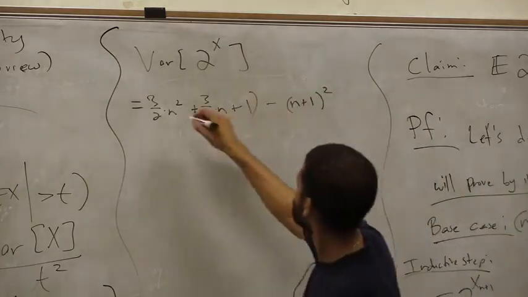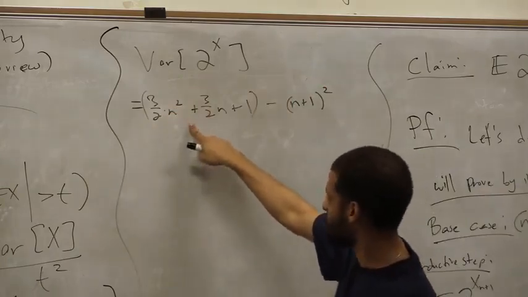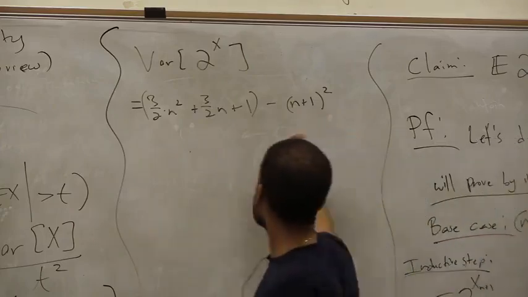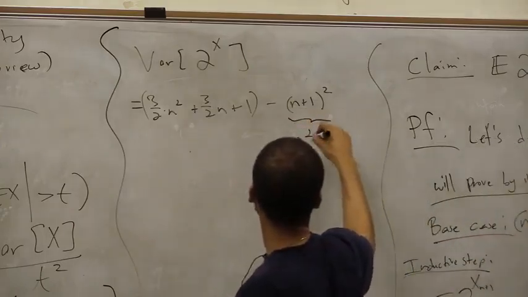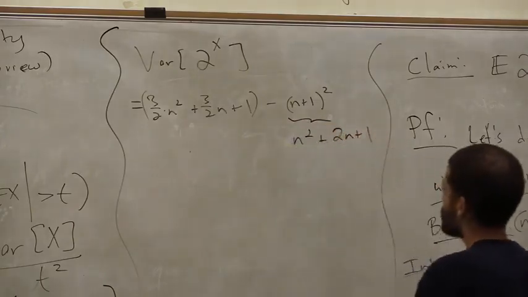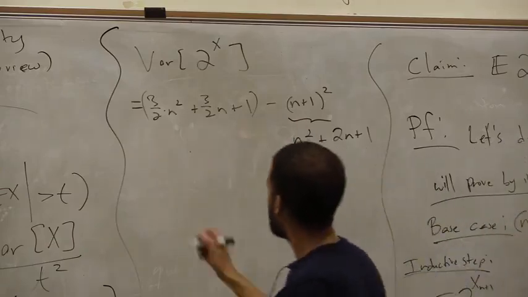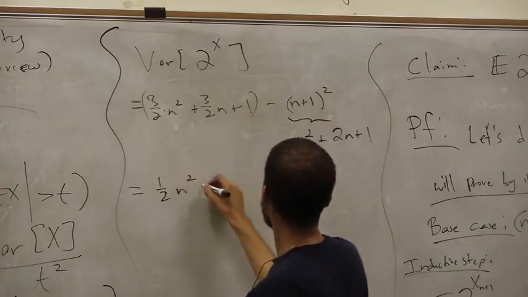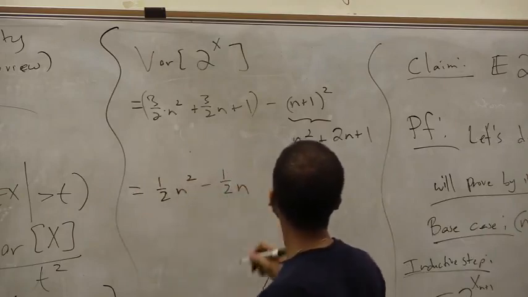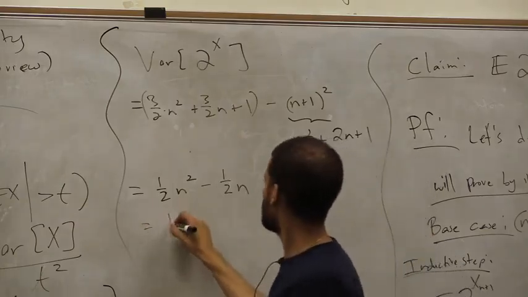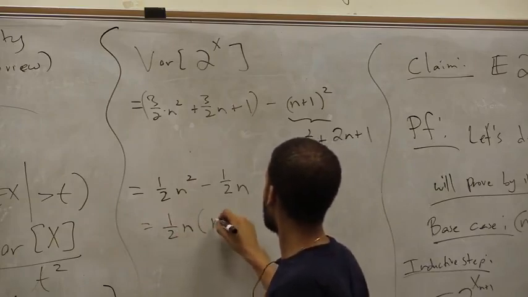This is the expectation of y squared, and this is the square of the expectation of y. So this here is the same thing as n squared plus 2n plus 1. If I subtract this from that, at the end of the day, what I get is 1/2 n squared minus 1/2 n, and that's it. So this is equal to 1/2 n times n minus 1.